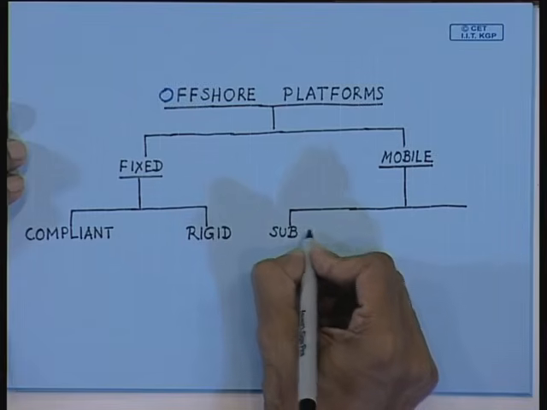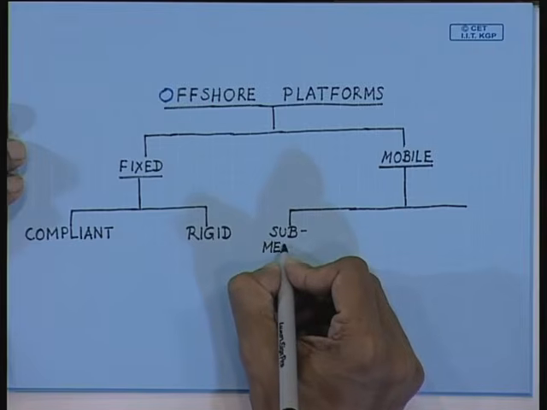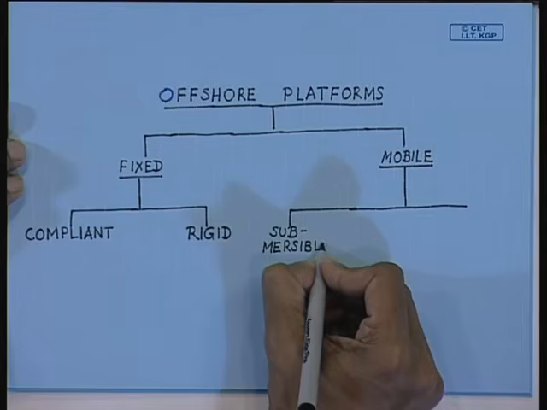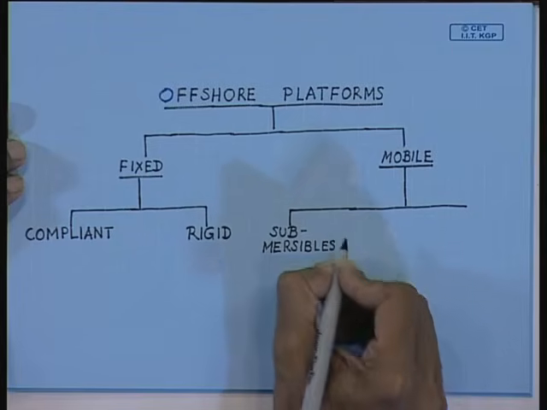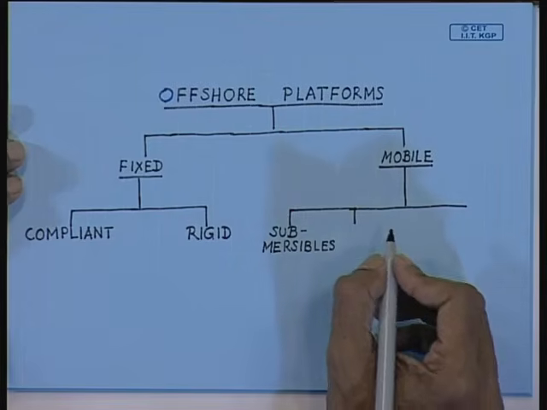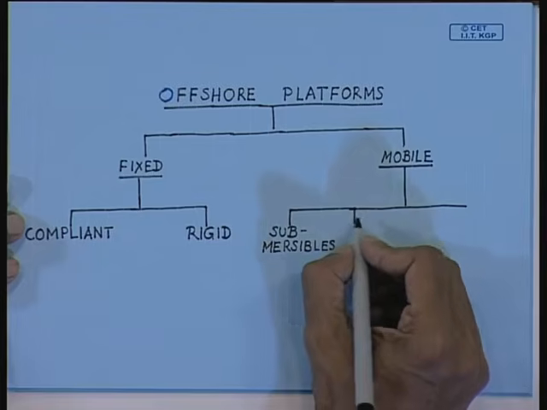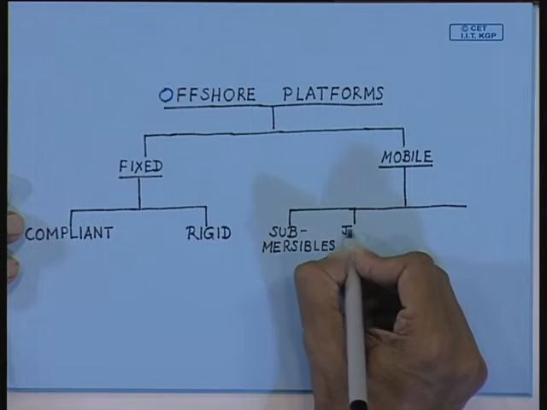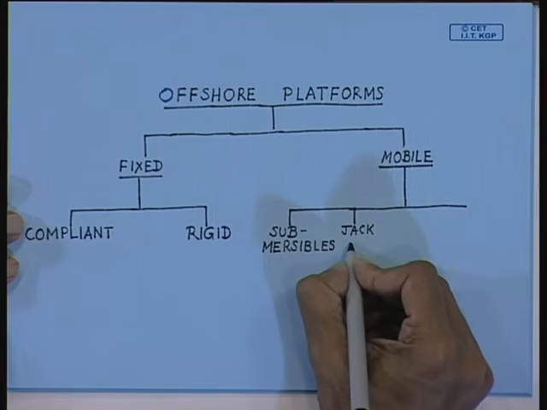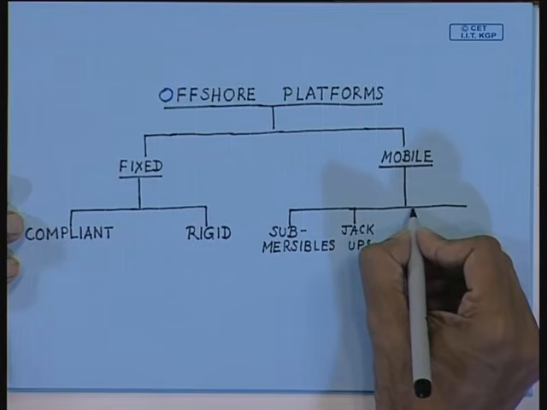So the first category is submersibles. Now these submersibles are different from ROVs. The other category is jackups. Then you have semi-submersibles.